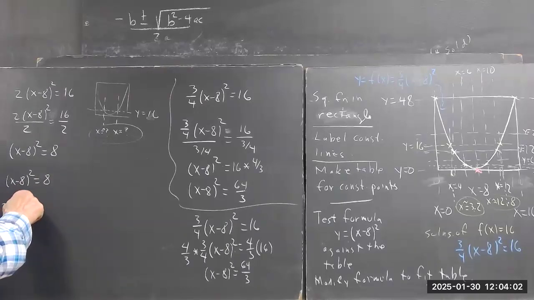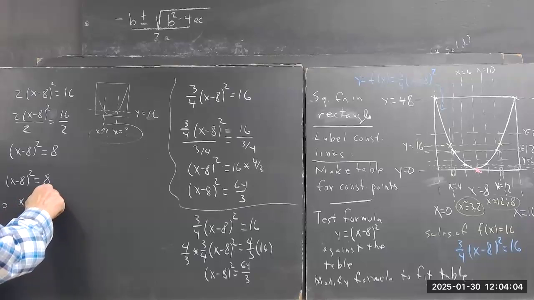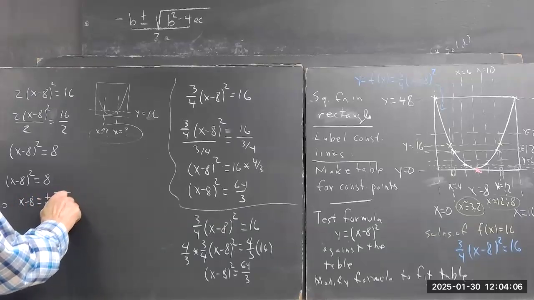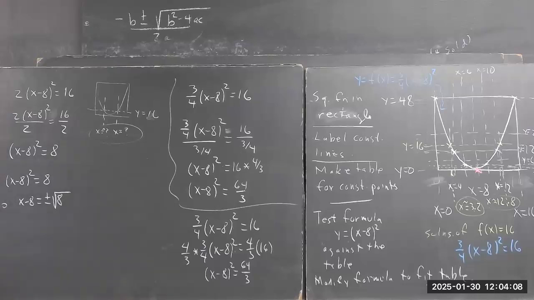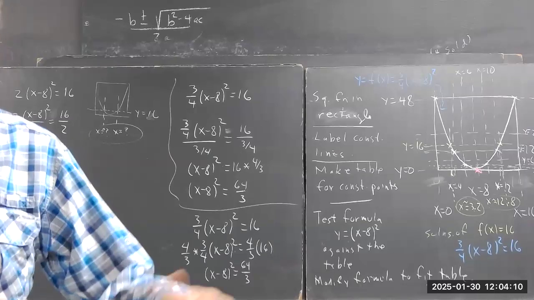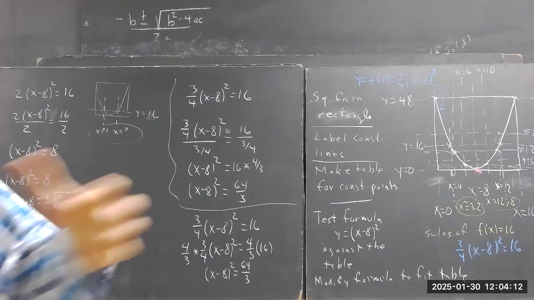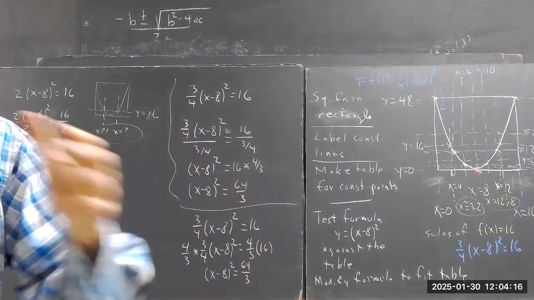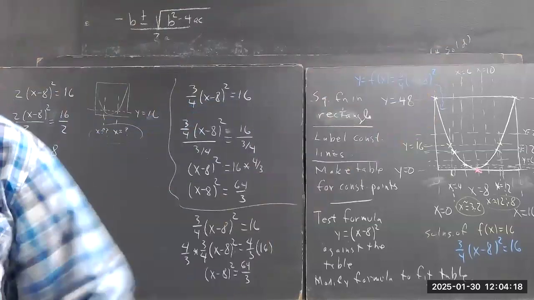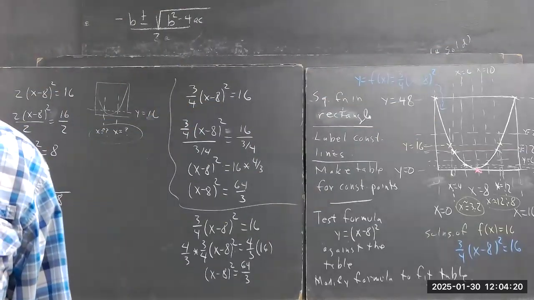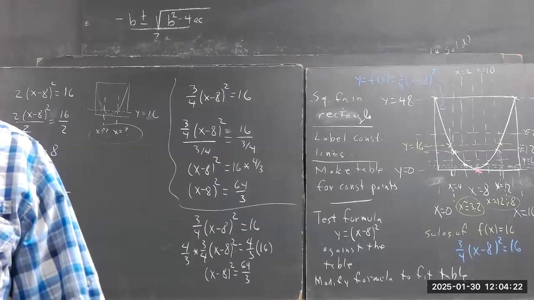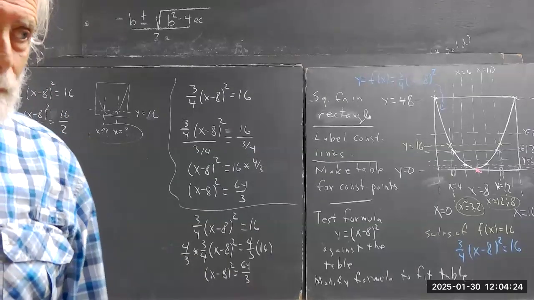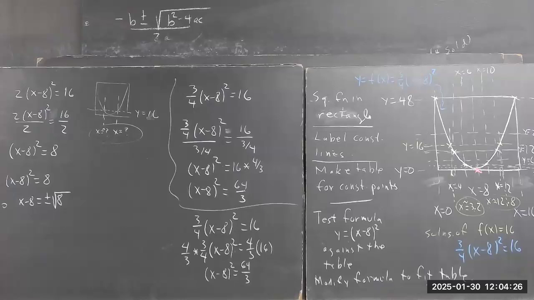So x minus 8 equals plus or minus the square root of 8. That's how you solve for x. That's how you solve this squared equals that. If this squared equals that, then this is plus or minus the square root of that. Something you should have seen a good bit of, but it might have been a while.